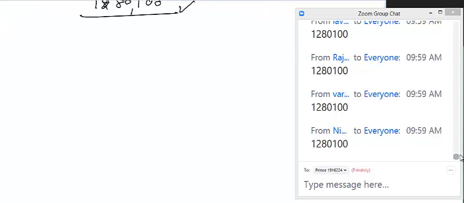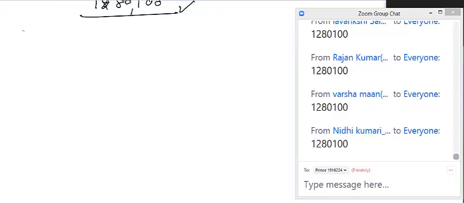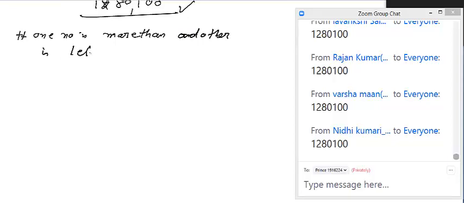Now, students, we are going to take the next concept: one number is more than the base and the other is less than the base.